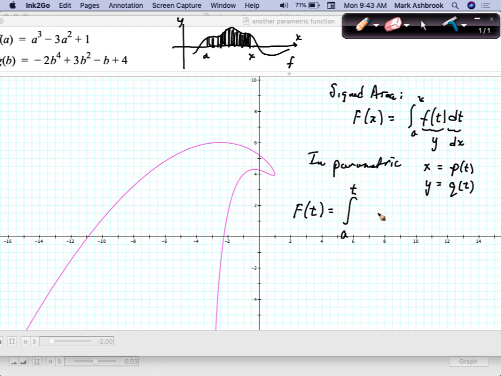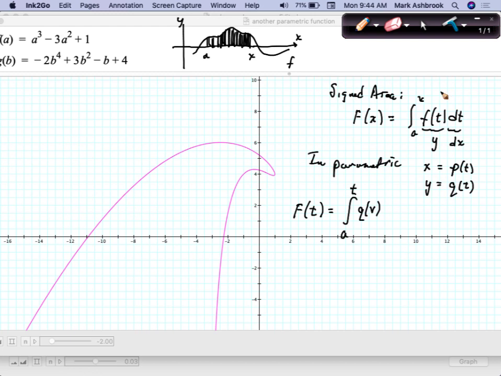So we're going to still have the signed area between the x-axis and the curve, but we're just transforming that into our variable t now, the parameter. So we need y. What is y? It's q, I'm calling that q. But then we need a different variable than t. So q of, say, I could use u. I'll use v. So q of v.